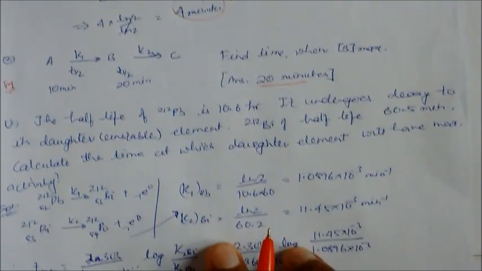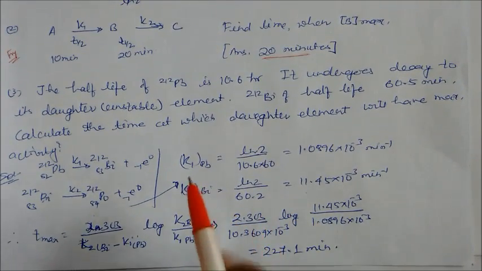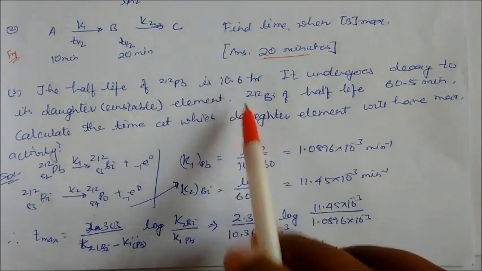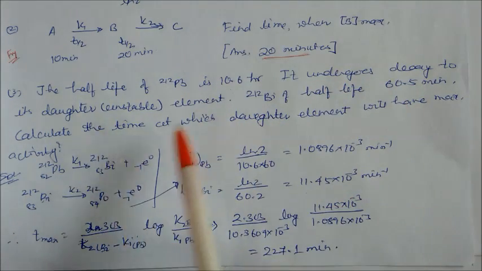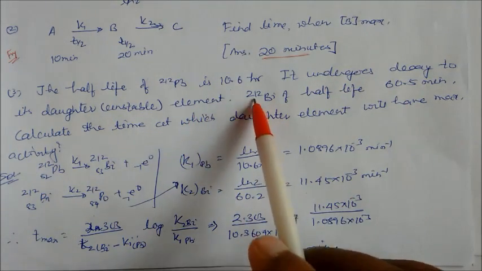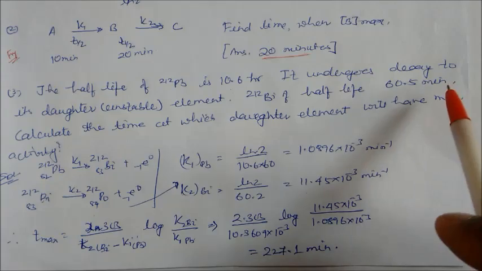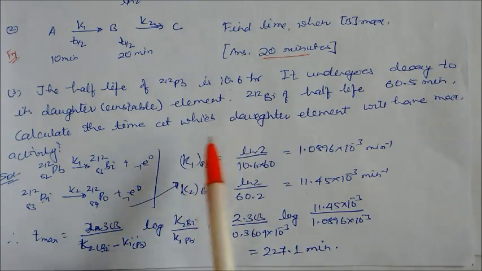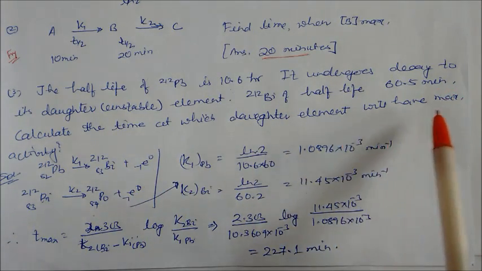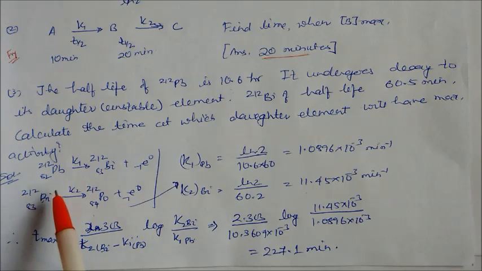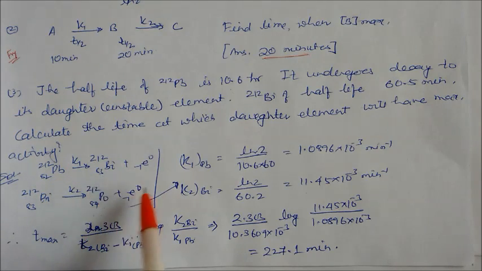Next numerical, the half-life of lead is 10.6 hours. It undergoes decay to its daughter element, and the daughter's half-life is 60.5 minutes. Calculate the time at which the daughter element will have the maximum activity. So lead is converting to bismuth, and again bismuth is converting to polonium.